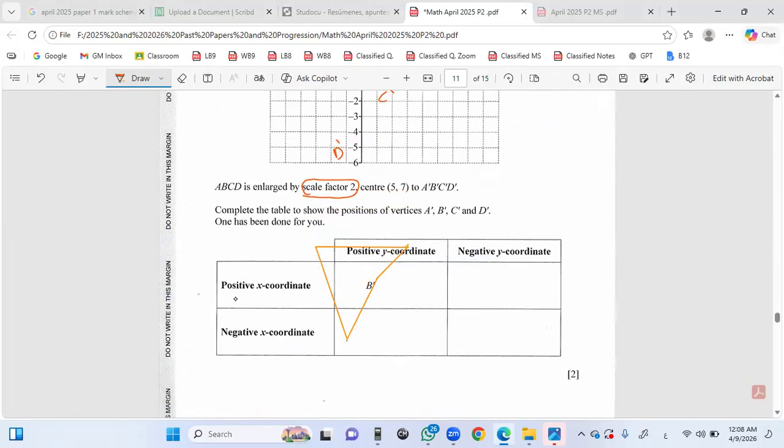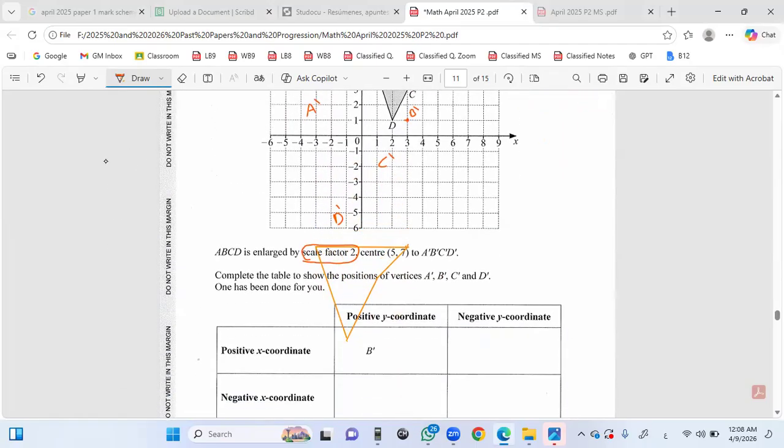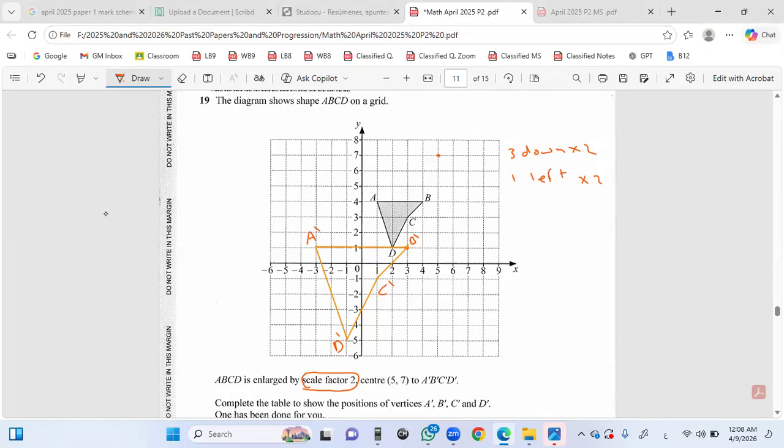They're saying to you here, positive and negative. Positive x, negative y. Which vertex? I'm going to go back. Positive x, negative y. It is this one, C dash, right? So C, you're going to find that it has a positive x coordinate and a negative y coordinate.